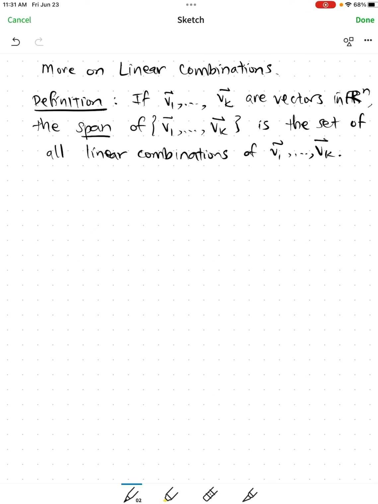In other words, if you have a bunch of vectors, v1 through vk, then you take all the linear combinations, right? That collection of linear combinations, that's the span. Okay. So let's look at an example.